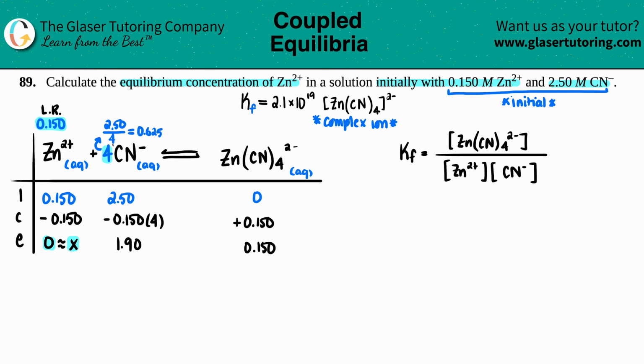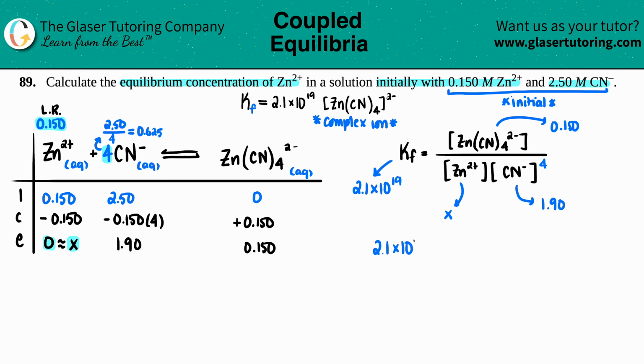Keep in mind that there was a 4 in front of the CN-, so I do have to take that molarity and raise it to the 4th. The Kf value was what we found in the back of the book, 2.1 times 10 to the 19th. This is now just going to be 0.150. The Zn is going to be the X value, and the CN is going to be 1.90. So let's go for it.